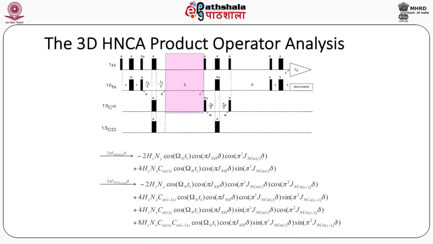Further, you have the Hamiltonian of 2 pi J N C alpha I minus 1 delta, and this increases the terms as you can see in the figure.